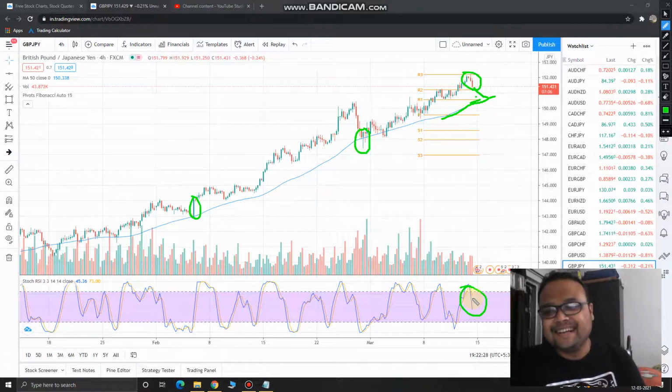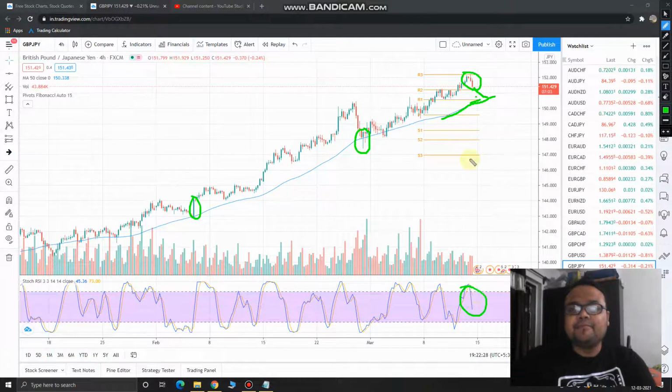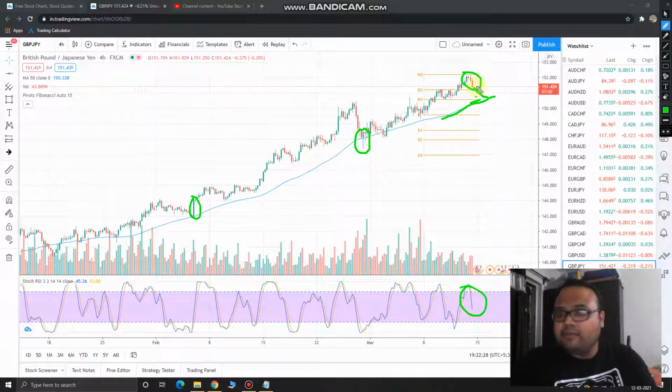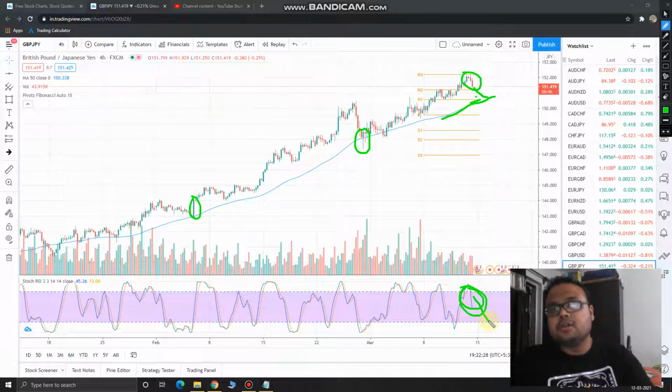Trust me. Okay. So, in case it doesn't come to the 50 moving average to take the required support, then you just keep your eyes on stochastic RSI. Right now it is in an overbought zone. So let the stochastic RSI come down to the oversold zone. When stochastic RSI is in the oversold zone, just look at the position of the price.